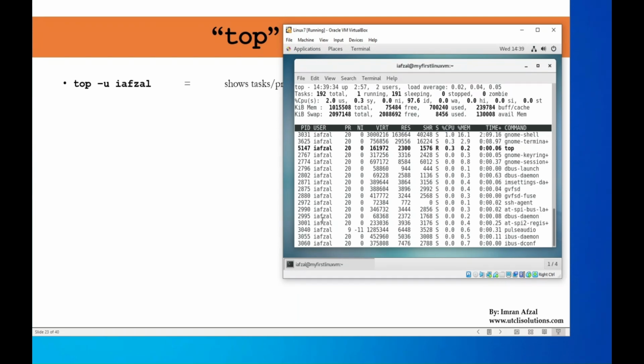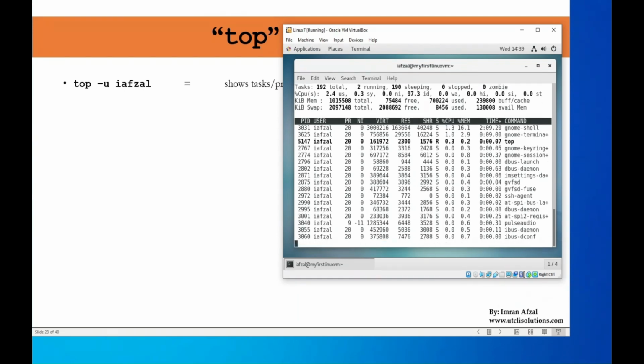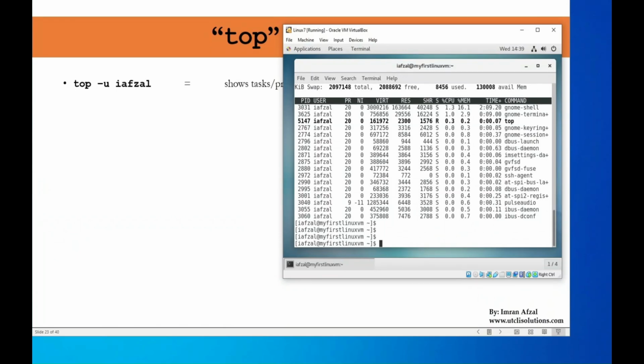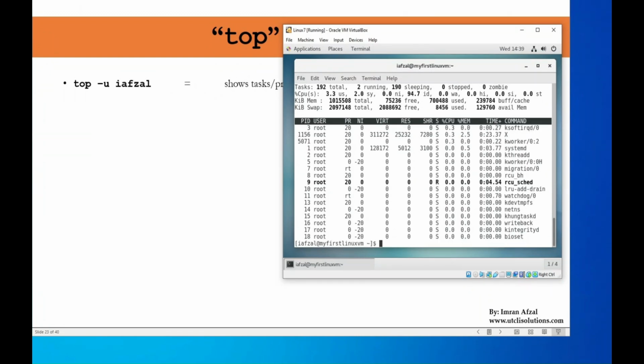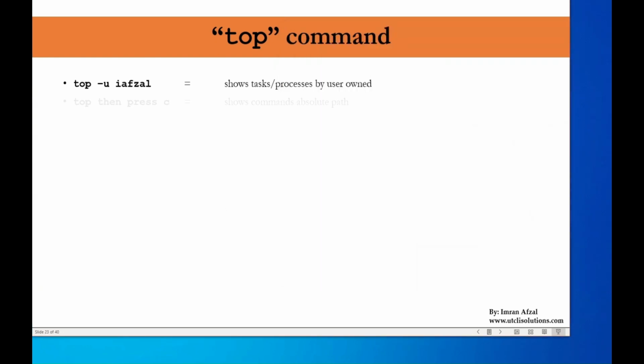See right here, you don't see root here. If you want to view the same thing for root, you can do top -u root, and you will see all the processes being executed by the user root. All right, beautiful. Moving on to the next one.